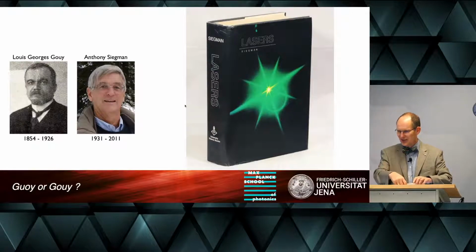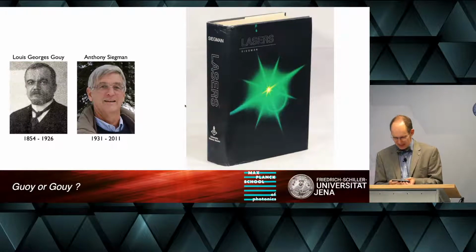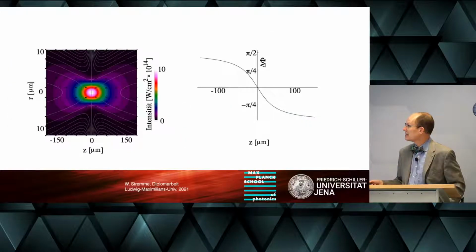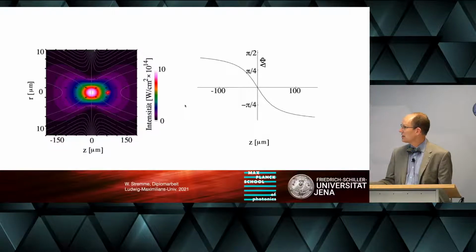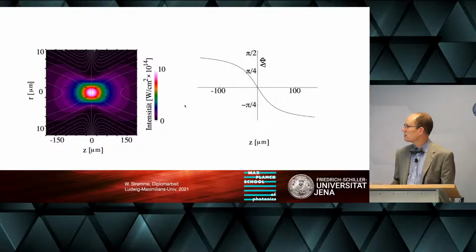A little anecdote. So we can look at the phase distribution. Here you see the contour lines, they are lines of equal phase. Looks quite funny, the phase distribution in a Gaussian beam. But if you just take the cut through this, then you get this curve here.